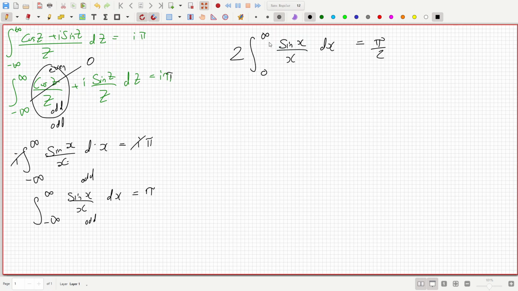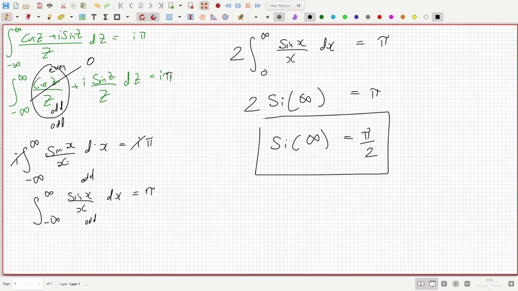But this here is the Si function, 2 Si infinity. Oh, sorry, I did 2 steps in one, didn't I? So I should have just said pi. I was going to divide by 2 on the next step. So 2 Si infinity, that's equal to pi. So then we get Si infinity, that's equal to pi over 2. Okay, there we go.